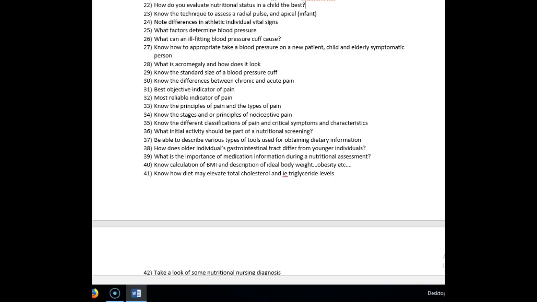I don't know if I told you guys that earlier or not, because to tell you the truth, I really think I did. But the best indicator of pain is what the person that's experiencing that particular pain says. So a subjective report, not objective.